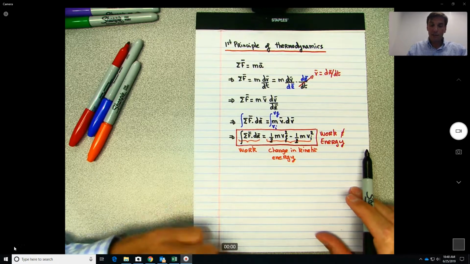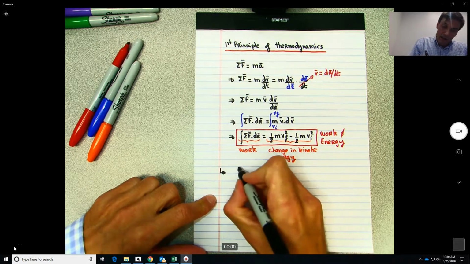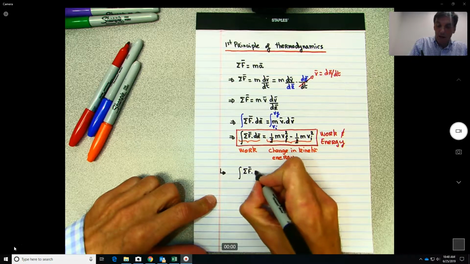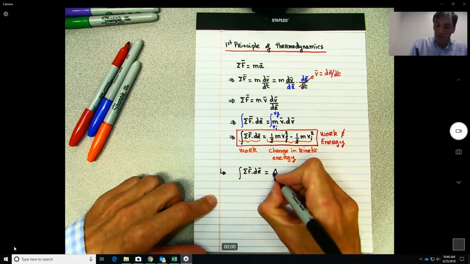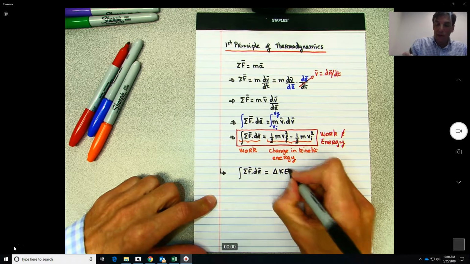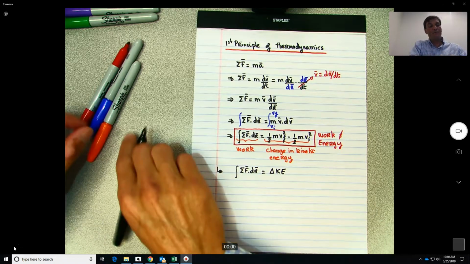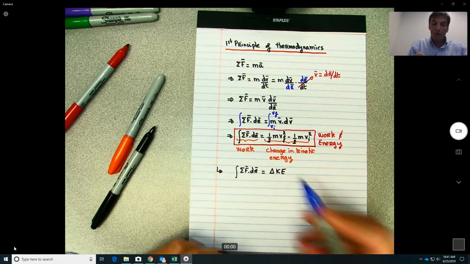So now, for the sake of simplicity, let me just rewrite this as summation of forces dr equal to change in kinetic energy. Okay. Now, this is work.